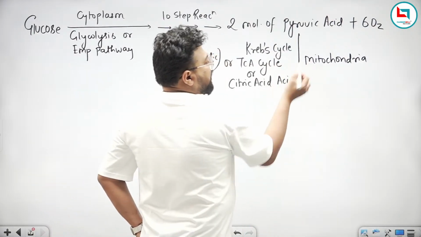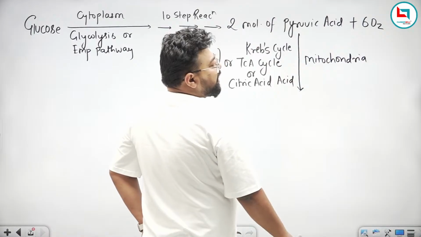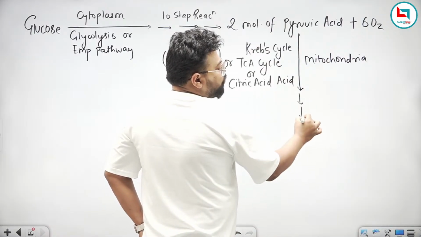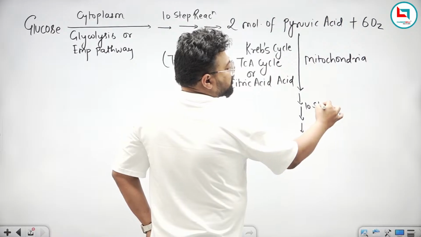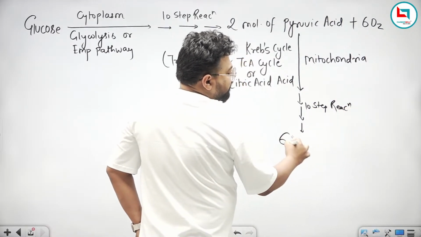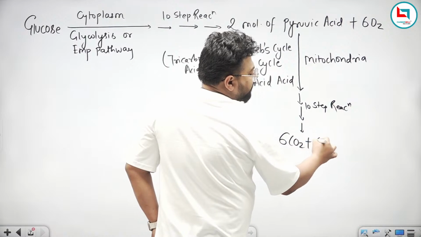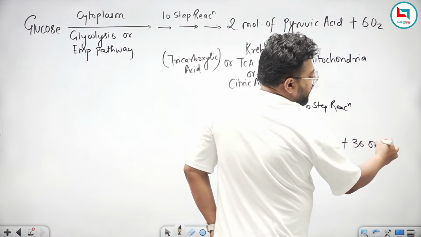So this cycle, the Krebs cycle or TCA cycle or citric acid cycle, goes on inside mitochondria, again through 10 different reactions. This will yield 6 carbon dioxide plus 6 water molecules plus 36 or 38 ATP.